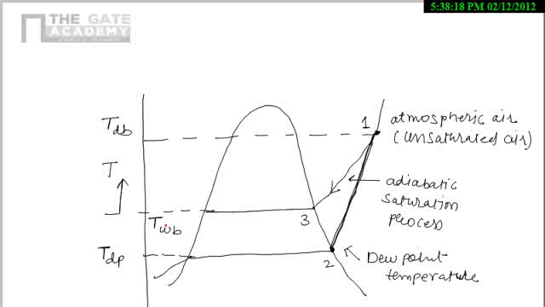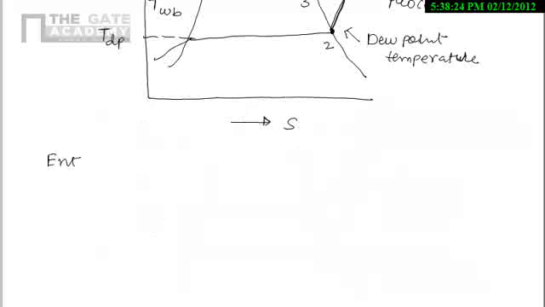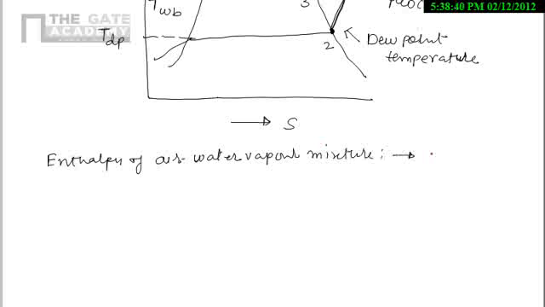Now we will talk about the enthalpy of the air water vapor mixture. For this enthalpy I can write G H equals G H_A plus M H_W, where G is the mass of dry air and M is the mass of water vapor.